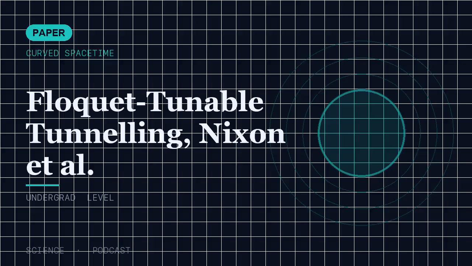Section 3E, extended SSH, the SSH3 and SSH4 models. These have 3 or 4 distinct bond values cycling, which gives access to higher winding numbers, richer topology, more edge modes. How does the recipe extend? Same logic, longer sequence.